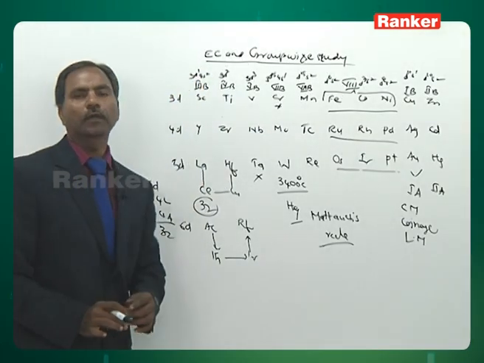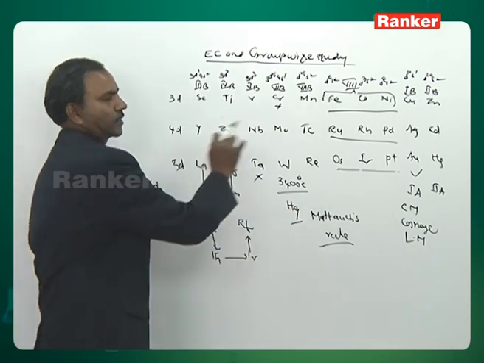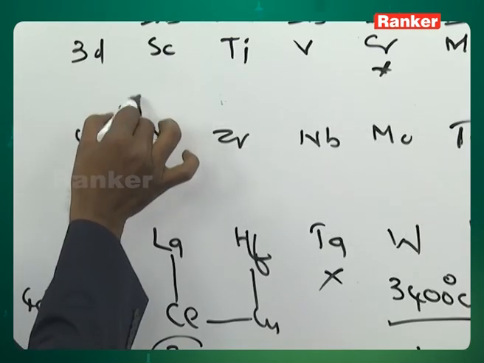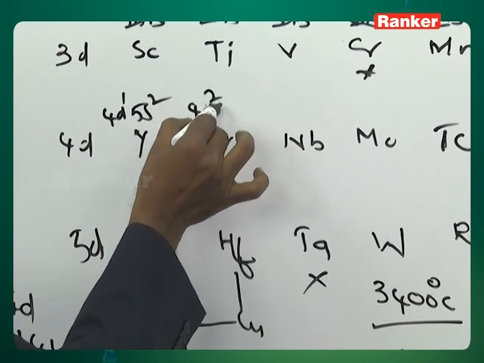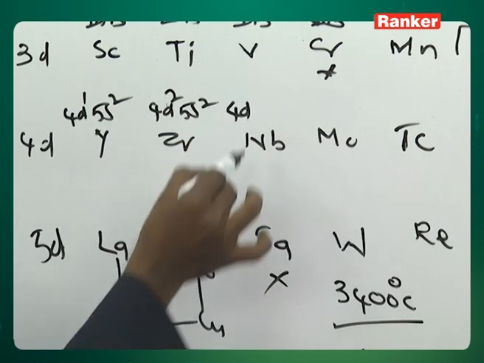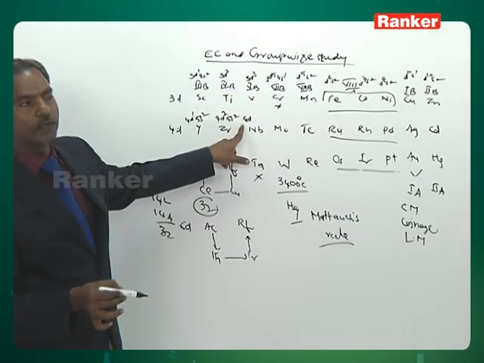Let me show the electronic configurations of the 4d series also. Then we will discuss the abnormalities. This is 4d1 5s2. This is 4d2 5s2. Here we are expecting 4d3, but it is not 4d3.